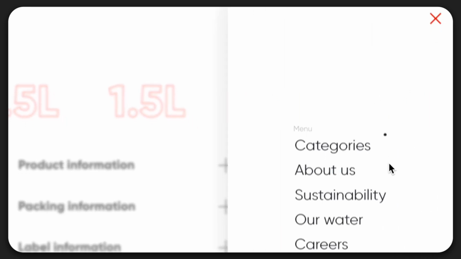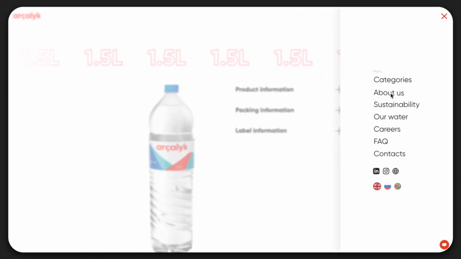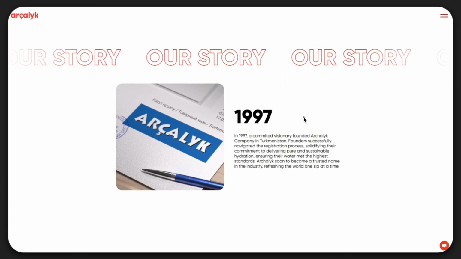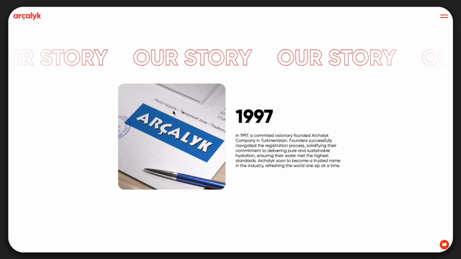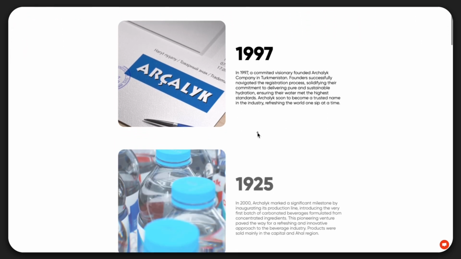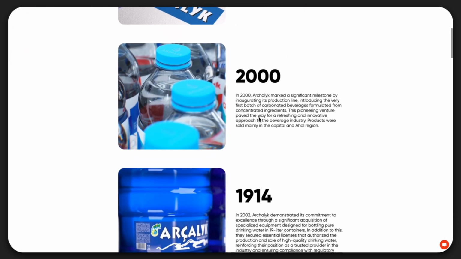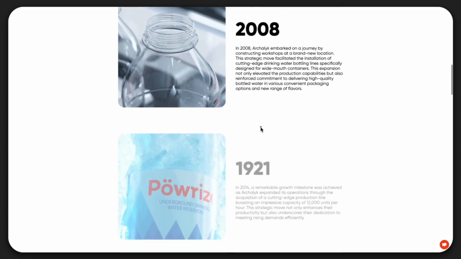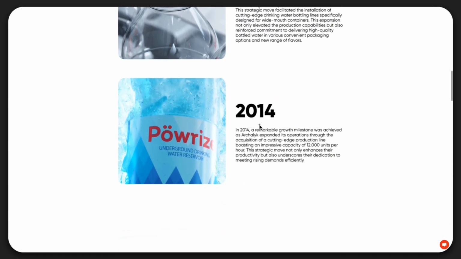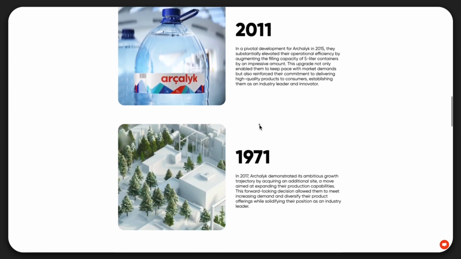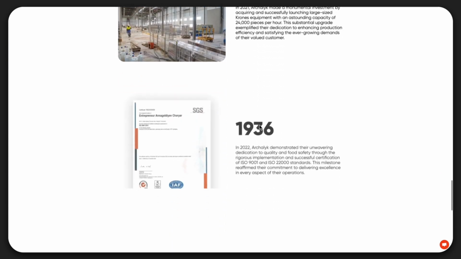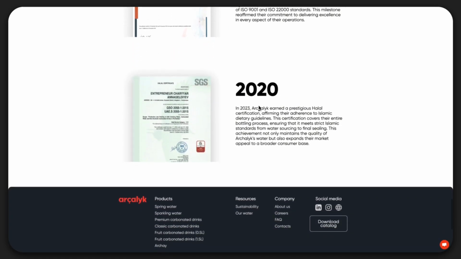The next pages, About Us, Sustainability, and Our Water, all share the same design. As you will see, again we have a picture, and each year of the history of the company is animating as a number till the very last date, which is 2023.